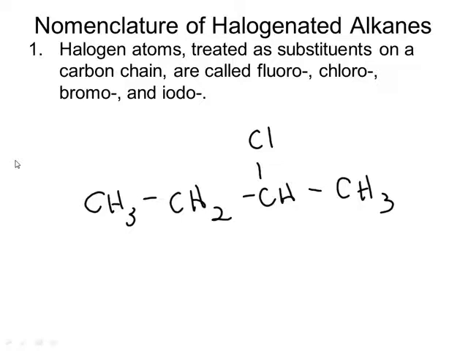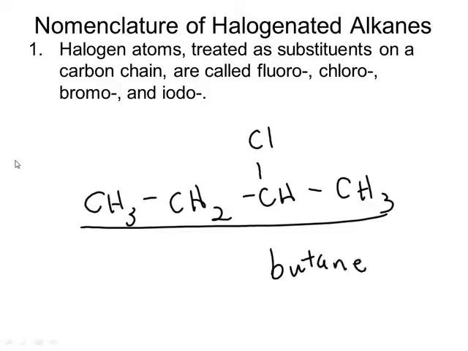Our parent chain has 4 carbons in it, so our parent chain name is going to be butane. That's going to remain unchanged. We're not going to change the parent chain name yet. This chlorine atom is just considered a substituent on the chain.